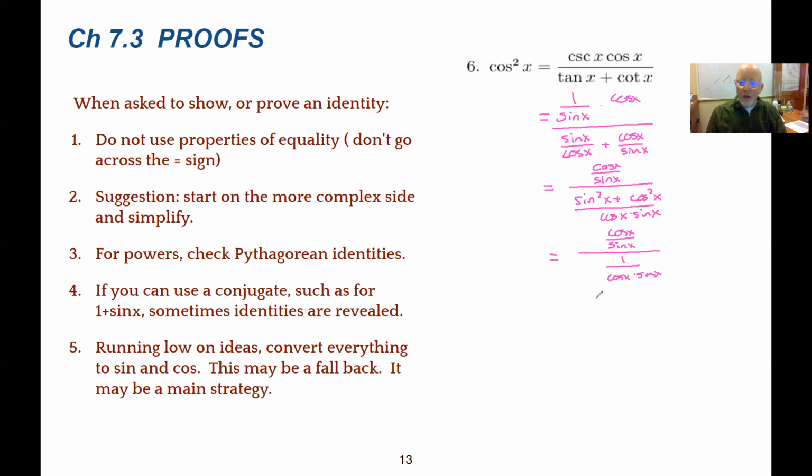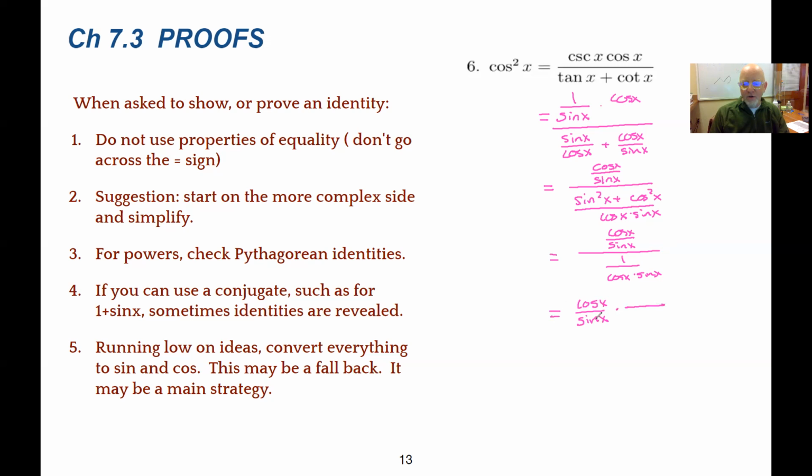Okay, so that's much simpler looking. Since we have two fractions being divided by one another, I'm going to look at that as cosine x divided by sine x times, so we keep the numerator, we change the division to multiplication, and we flip the denominator.